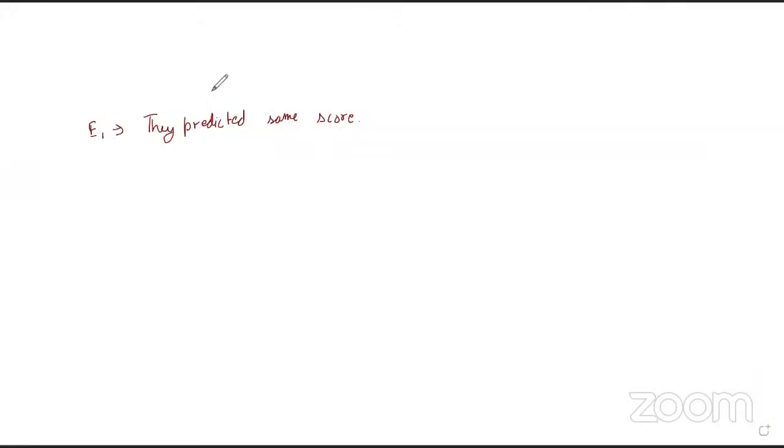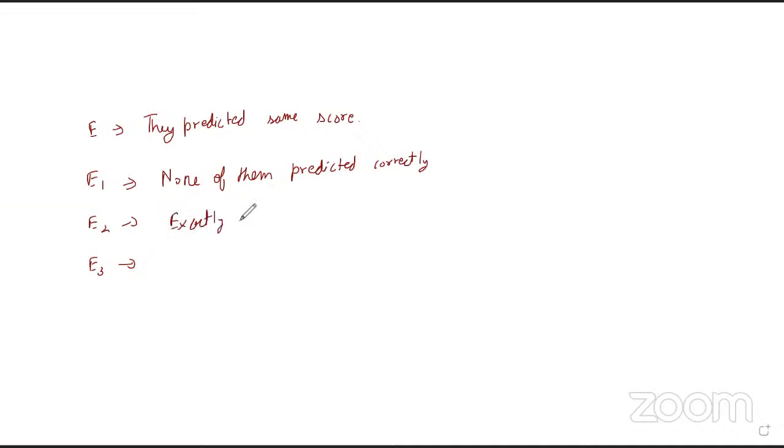Let's make 3 more events. E1: none of them predicted correctly. E2: exactly one of them predicted correctly.